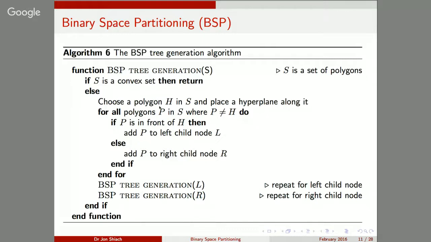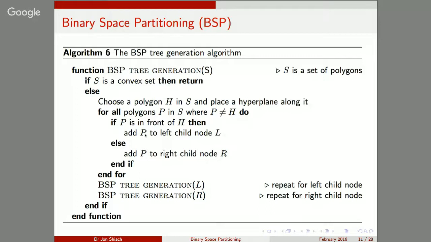Okay, so then, for all of the polygons in S, except for the one which we just used to split it up, if our polygon is in front of H, then we add it to the left child node. If you remember, a binary tree has got two children.